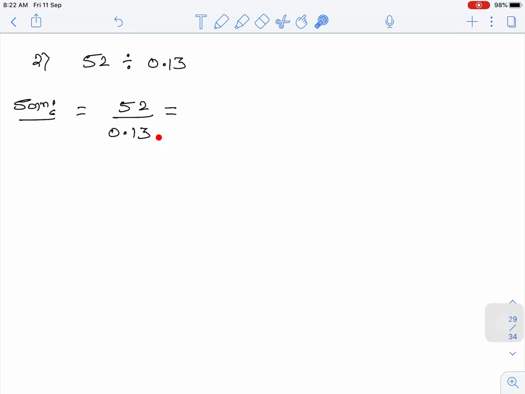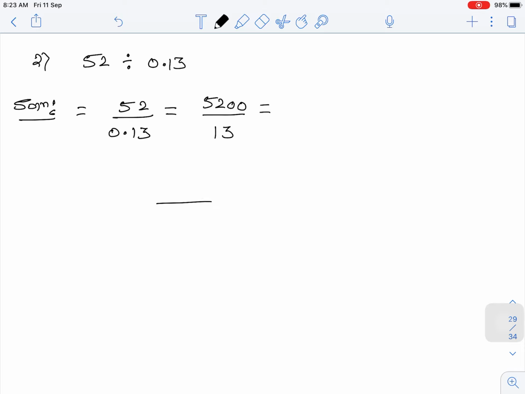We have to bring it to the end of the number, so it moves 2 digits to the right. But in the numerator there is no decimal, so in such a condition we have to add 2 zeros. When the denominator moves 2 digits to the right it becomes 13, and the numerator becomes 5200.